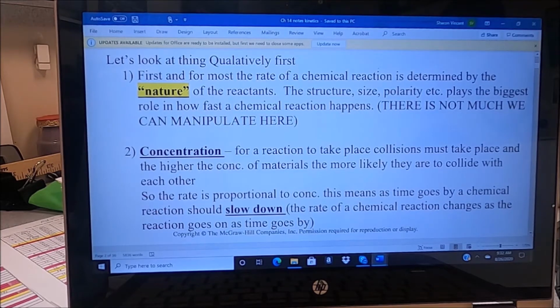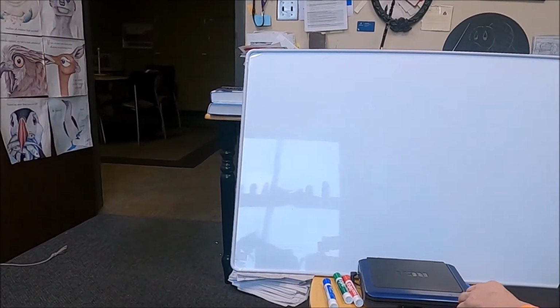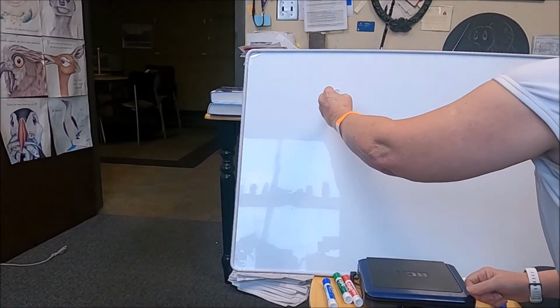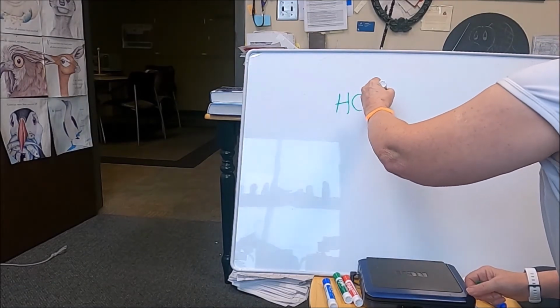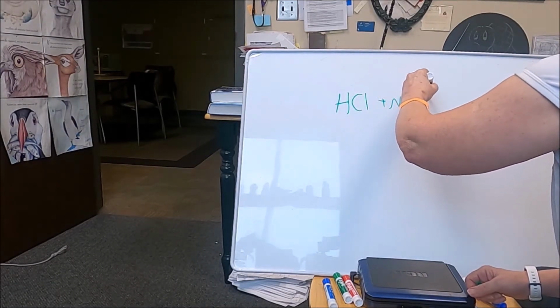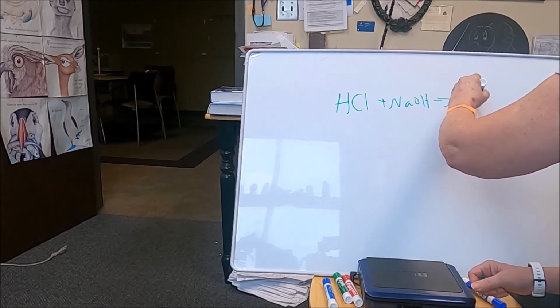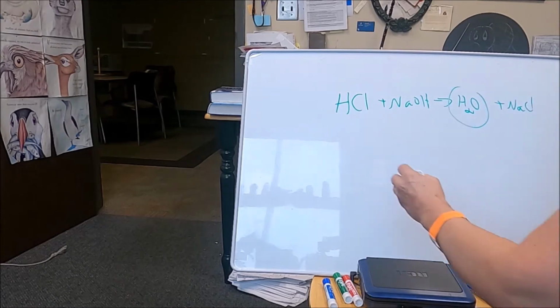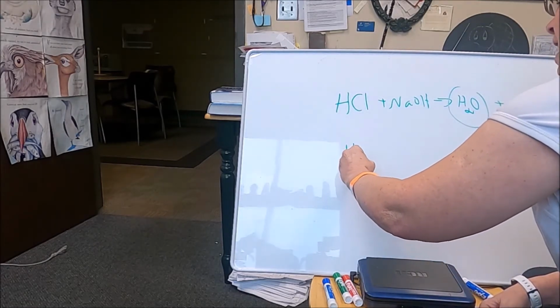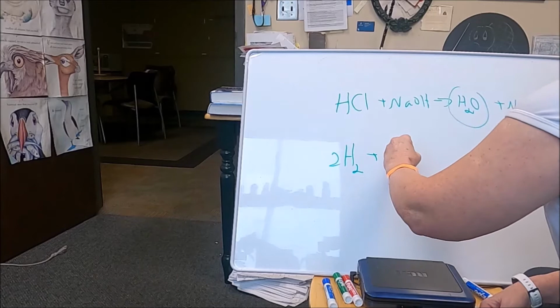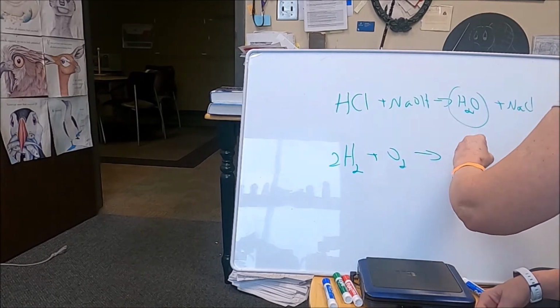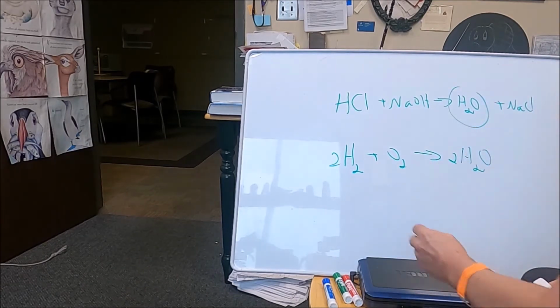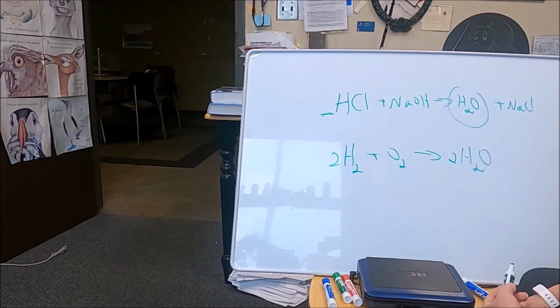If you want to manipulate that, you're going to have to figure out new reactants. An example, looking at the screen, would be comparing the reaction of HCl with NaOH to make water and sodium chloride, where we're interested in making water, with taking hydrogen and oxygen and making water. The reaction of the acid and the base happens in the blink of an eye.